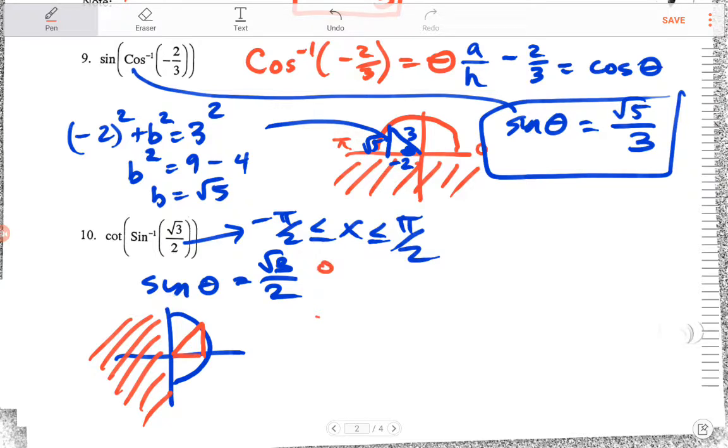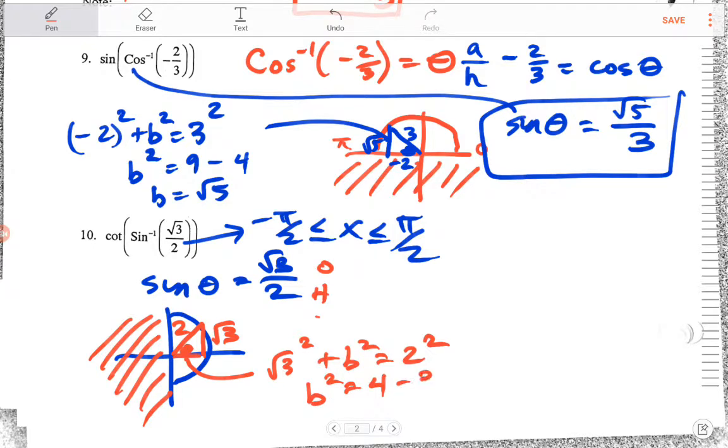Sine is opposite over hypotenuse, so if we fill out our triangle there, where opposite is root 3 and hypotenuse is 2, we can then find that missing side length here to then be able to get cotangent. Using the Pythagorean theorem again, we see that root 3 squared plus b squared equals 2 squared. So the square root of 4 minus 3 will give us a value of 1.